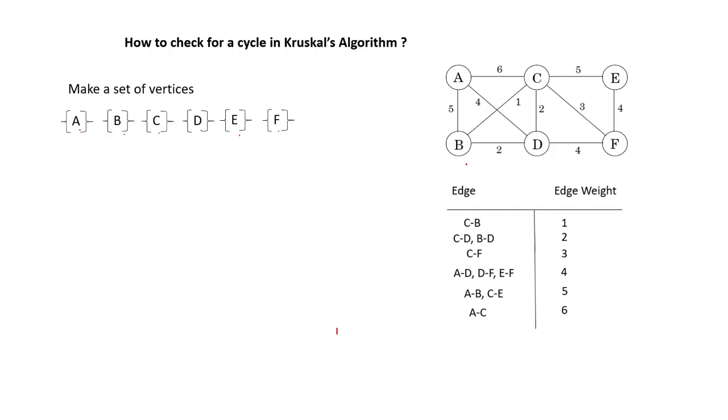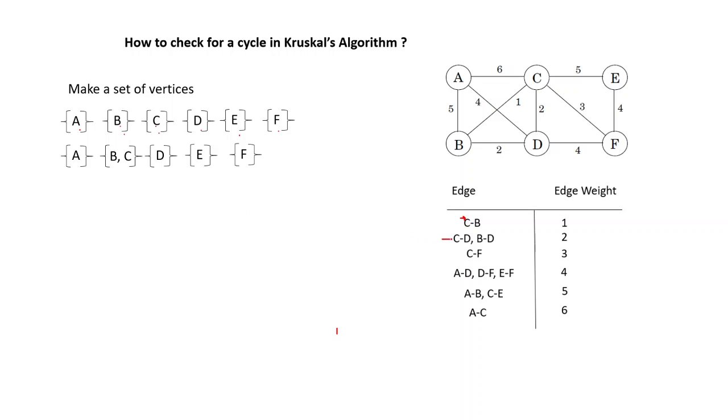So then you start adding the edges which you have found out and sort it in ascending order. So first you will be adding edge C and B. So what you do is you put these nodes C and B into one single set like this. The others will be left as it is. So BC, it belongs to the similar set.